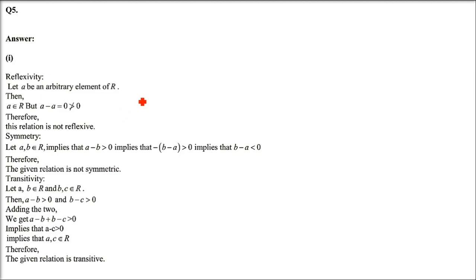So question number 5. The following relations are defined on the set of real numbers. A is related to B if A minus B is greater than 0. Okay. So if we are taking A comma B, A related to B should only be when A minus B should be greater than 0.